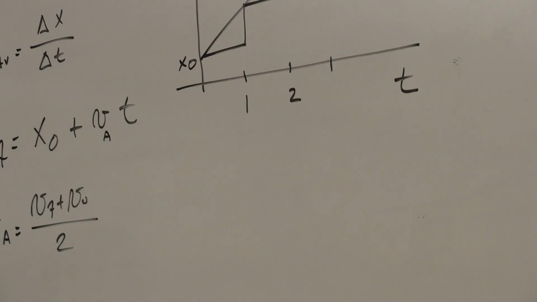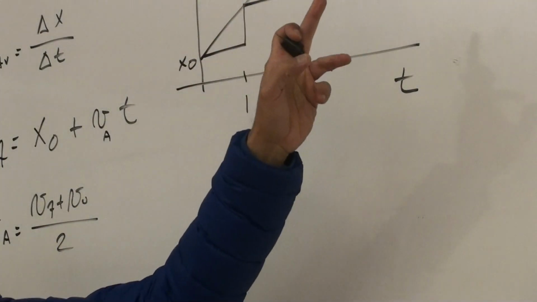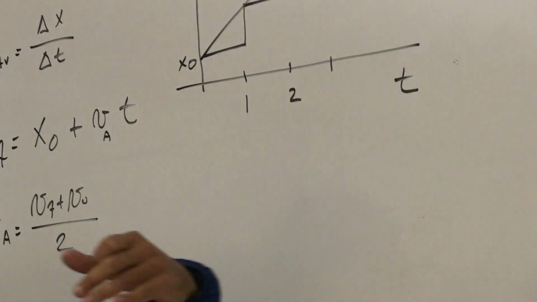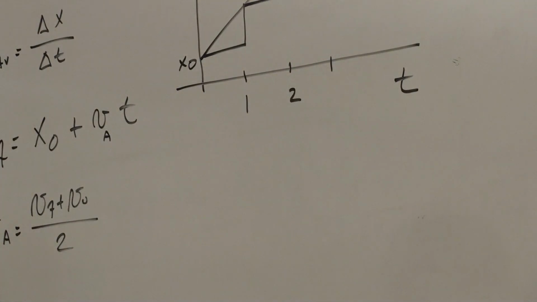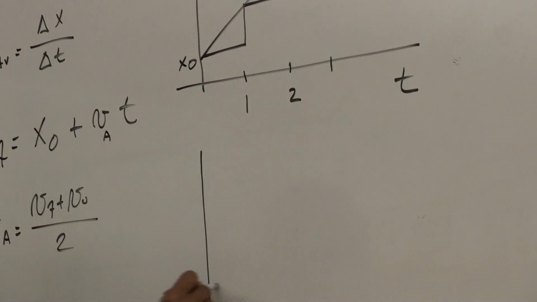Now, if the velocity is changing, in every second is changing, so we are not going to have a straight line here anymore, right? If the velocity is increasing, can you tell me how the graph is going to look like if I have x over t?